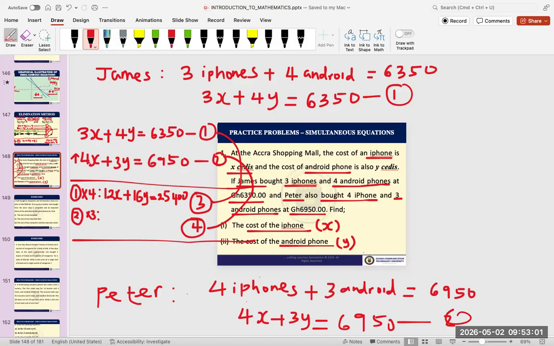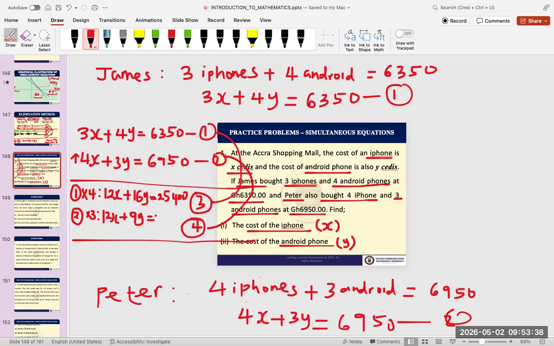And so we have 4x times 3, you have 12x plus 3y times 3, you have 9y is equal to the right-hand side, which is 6950 multiplied by 3.